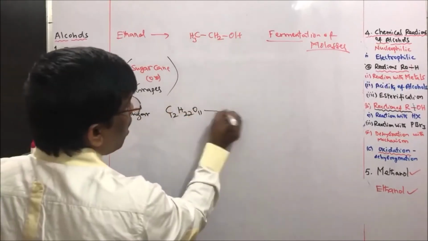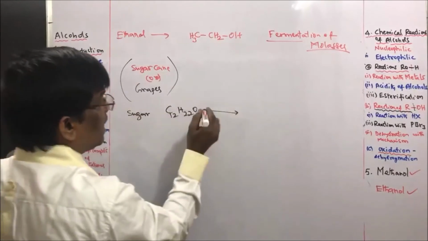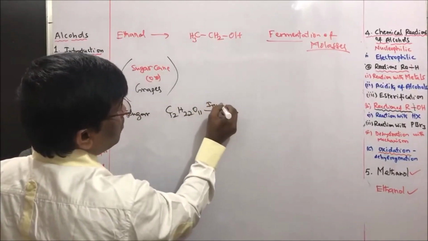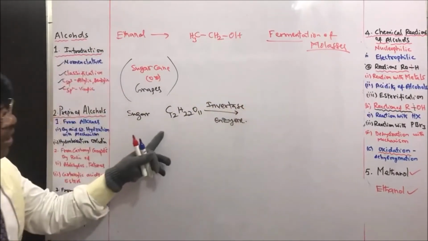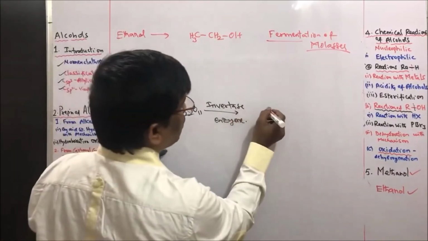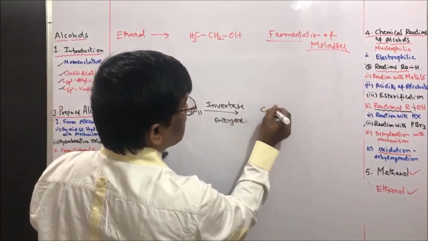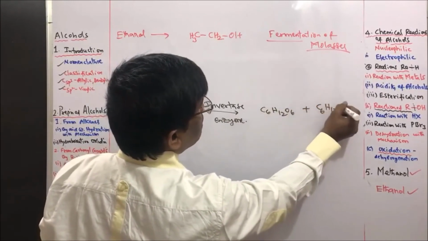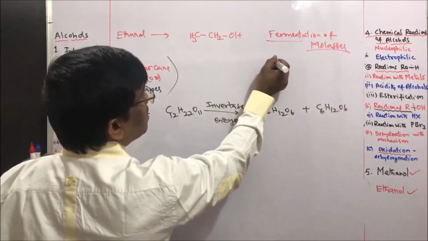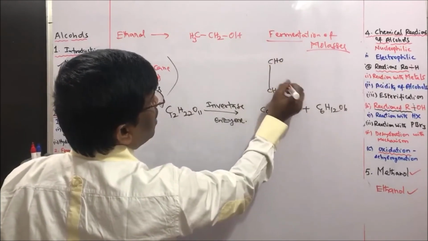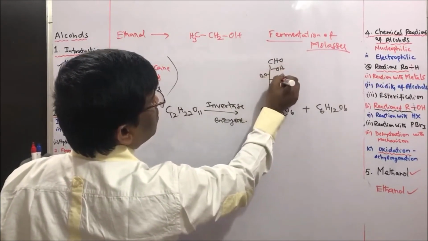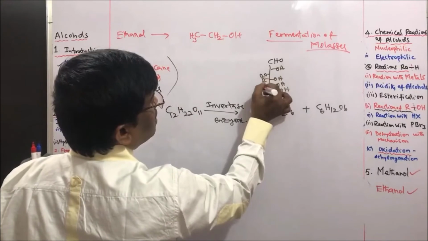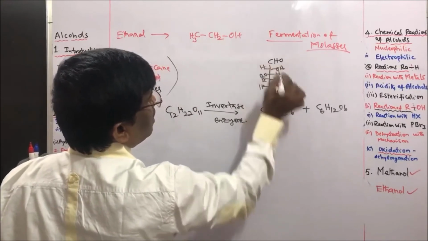C12H22O11. Upon treating with invertase as an enzyme, this sugar is going to be converted into glucose, C6H12O6, plus C6H12O6. So glucose is CHO, CH2OH, with OH and hydrogen.